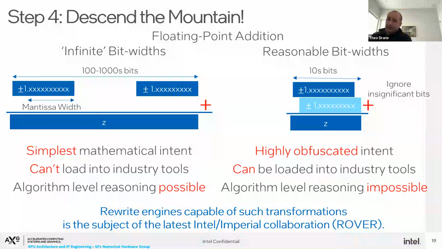What's very dangerous about this tool, and also wonderful, is that if you had a tool that could rewrite the left to the right, then you don't actually have an industry tool to prove its correctness, because the left-hand side doesn't load into an industry tool. But essentially, having an automated jump between these is the descending of the mountain, because on the right-hand side, finally, we have something that we can use in tools and reason about with standard industry tools. But the left is the intent.